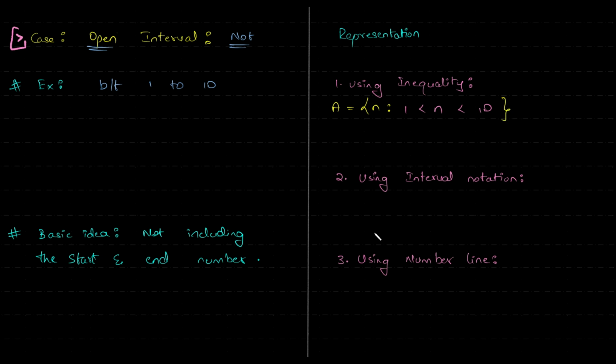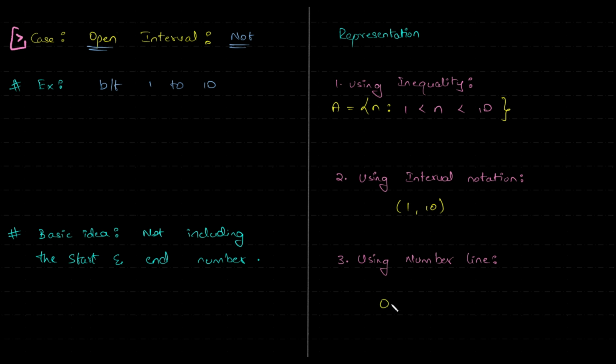The same thing, if I want to represent it in an easier manner, I have one more notation called interval notation. All I have to do is use small brackets, not flower brackets, sorry, small brackets. If I do this, it talks about an open interval. So both the ends, 1 and 10, are not included, any other number between them is included.